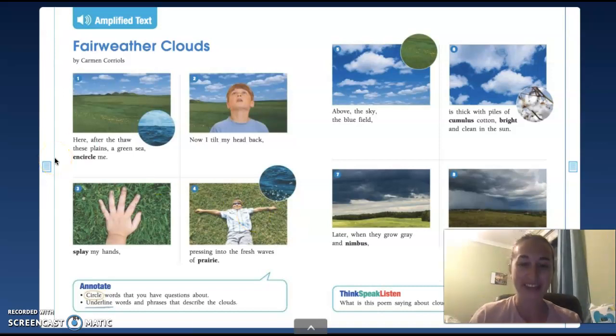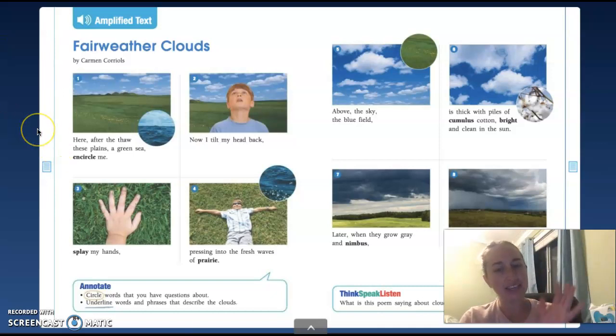All right, guys, welcome back. So hopefully you took a minute to talk about with Mom and Dad, what is this poem saying about clouds and weather? What is it telling us? One second, he's looking up and it's blue skies, it's white clouds. And the next minute, he's looking up and there's these dark gray nimbus clouds. So do you think that the weather stays the same or that it is always changing?